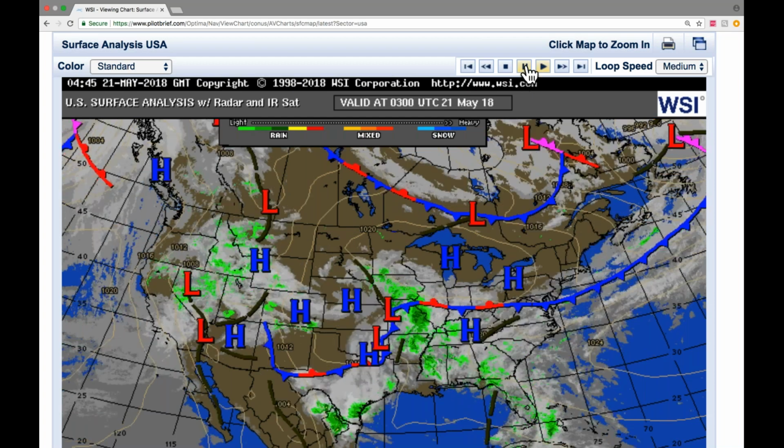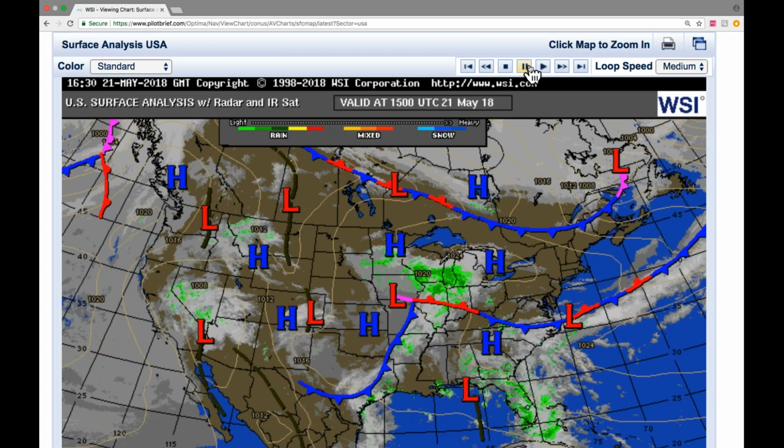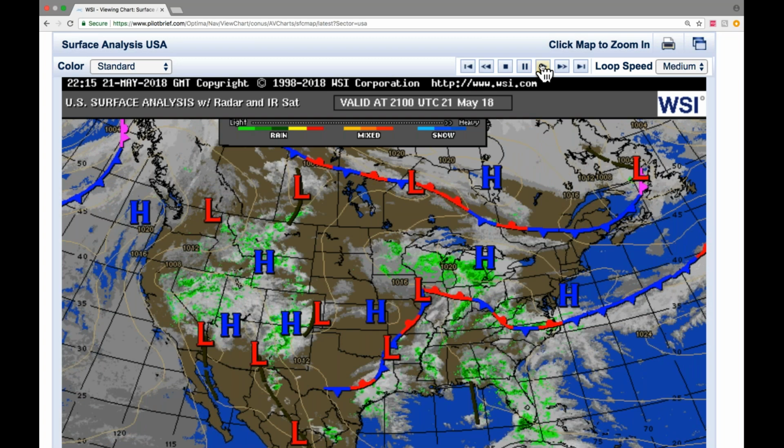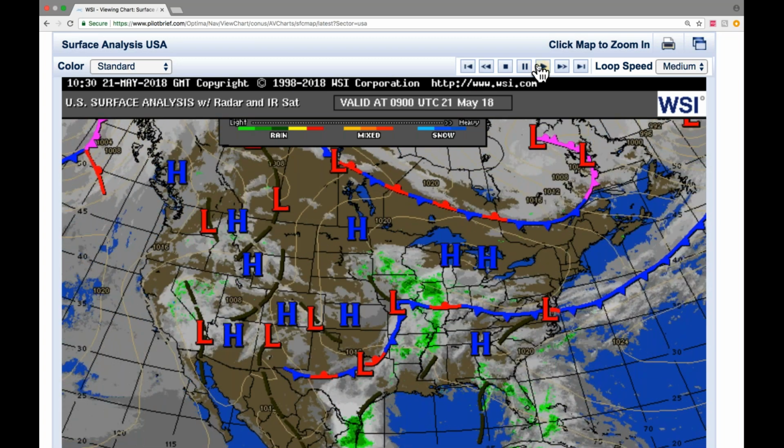Everybody, let's see if I can walk it through. You can see, when these two fronts converge and start turning into that stationary front, you can see the occluded front form off the edge here. So let's move forward just a little bit further.